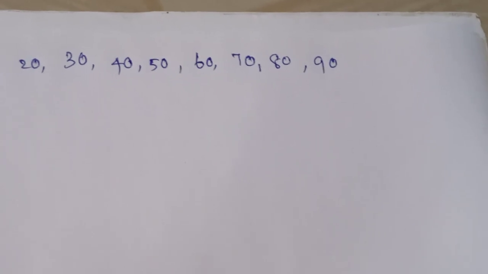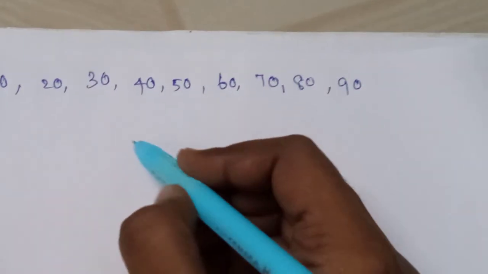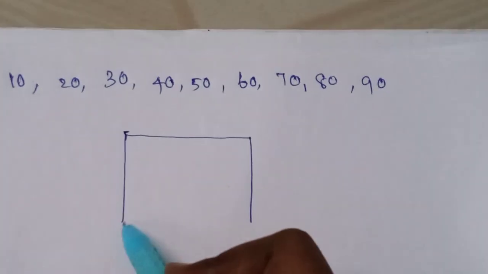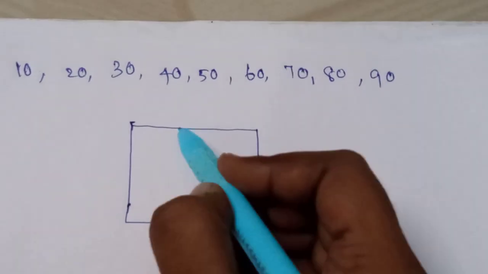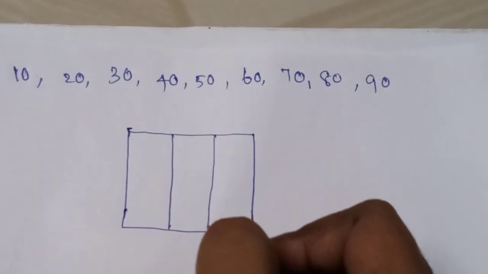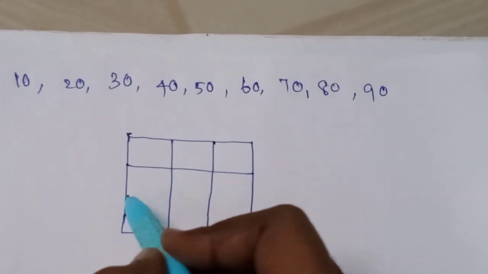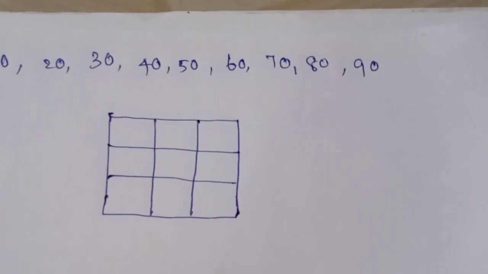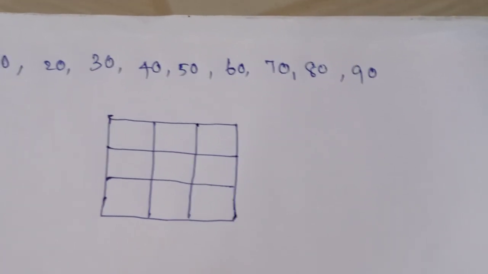First we have to draw a box and split it into 9 equal parts. So now there are 9 boxes in this box. Now we have to take the center number.